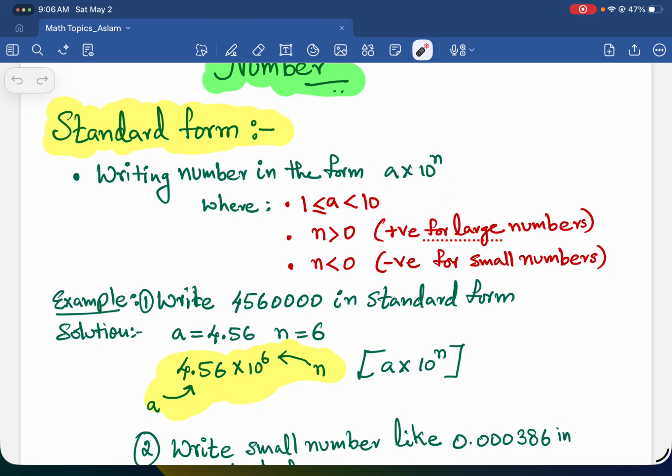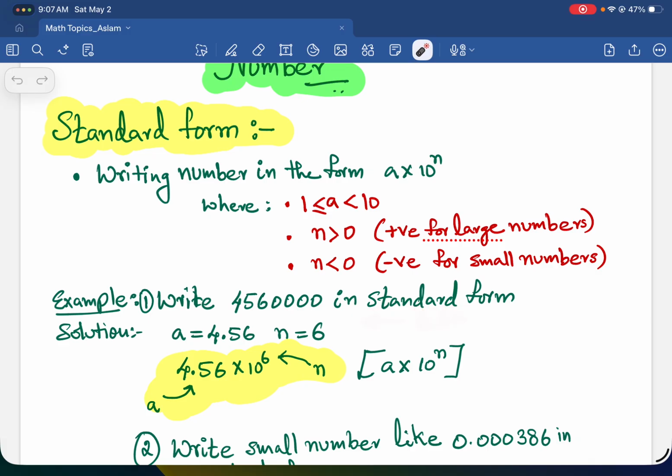So actually this can be written as 4,560,000.0. Now this decimal point is moving towards the left side. So please remember that the decimal is moving towards the left side.